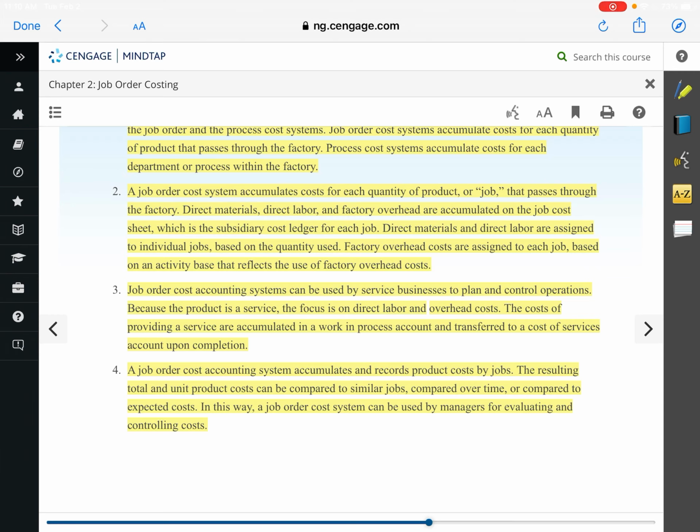How could we use the job order cost accounting system to compare guitars that were made in January of 2021 versus guitars that were made in January of 2020? The price of lumber, or the price of wood, has gone up.